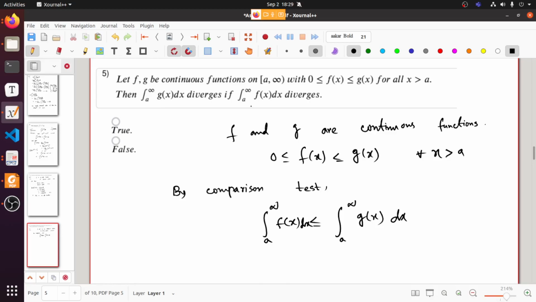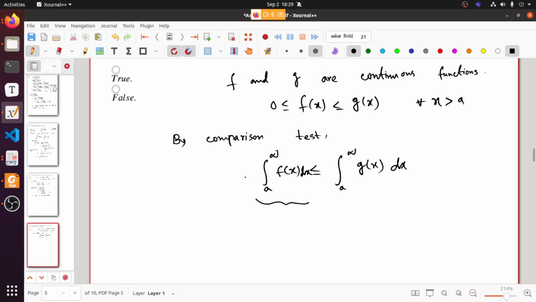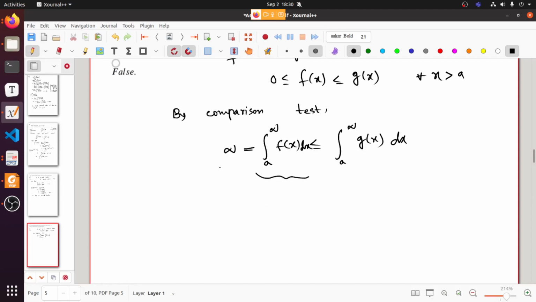It's given that the integral a to infinity f x dx diverges, meaning the value of this integral is infinity. As the left hand side diverges, by comparison test the right hand side integral will again be infinity, so integral a to infinity g x dx diverges.